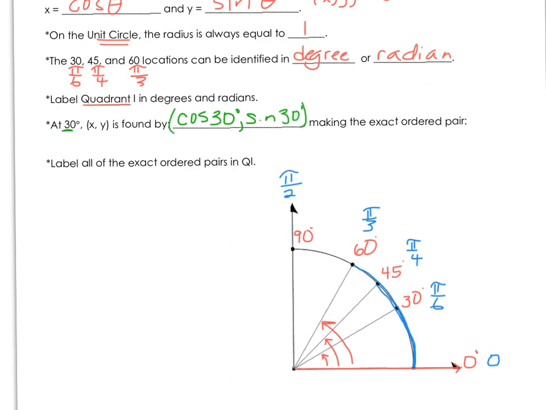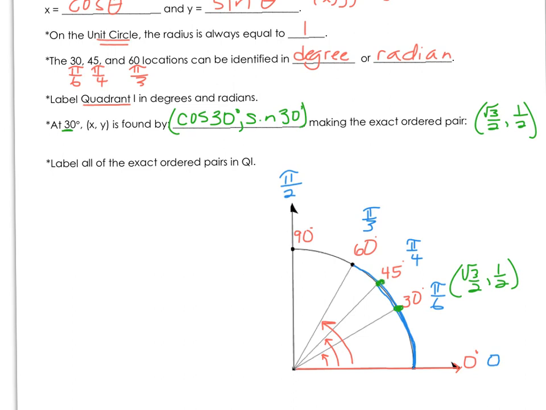And that would be like making an ordered pair. Notice using that chart up above, cosine at 30 degrees is square root 3 over 2. Sine at 30 degrees is 1/2. And what this tells us is the ordered pair for that point in quadrant 1. That's square root 3 over 2 and 1/2.